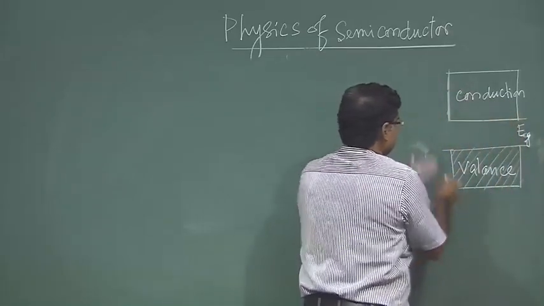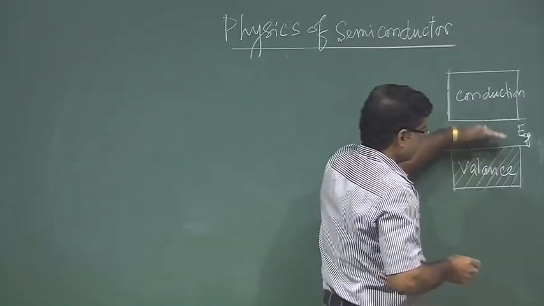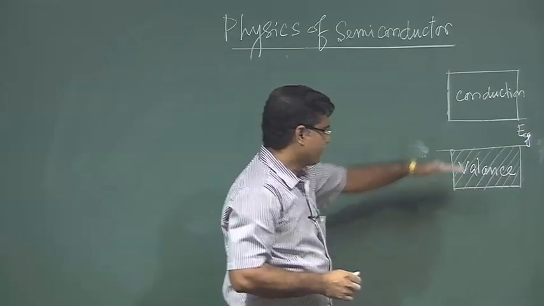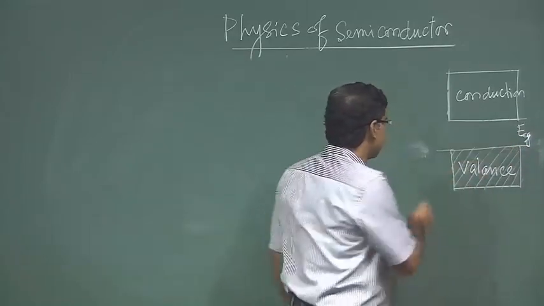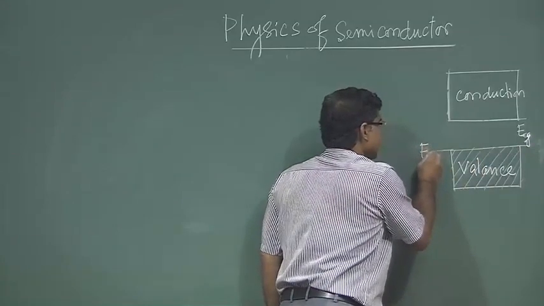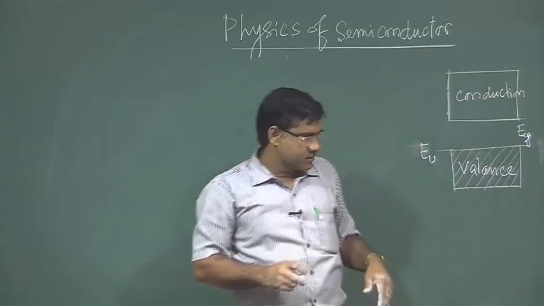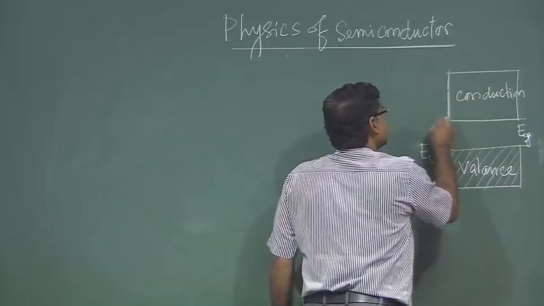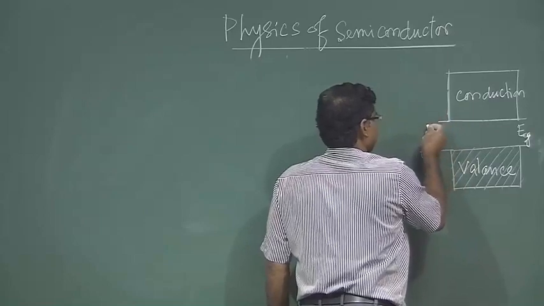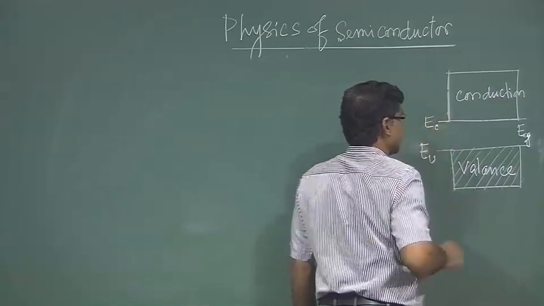Now, this energy we generally consider as follows. The top edge, band edge of the valence band, this energy is Ev, and the bottom edge of the conduction band, this energy we consider as Ec, right.